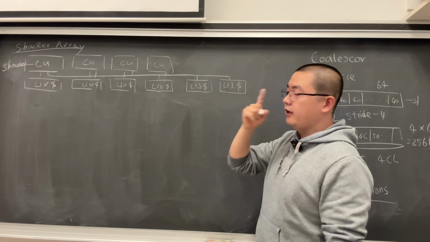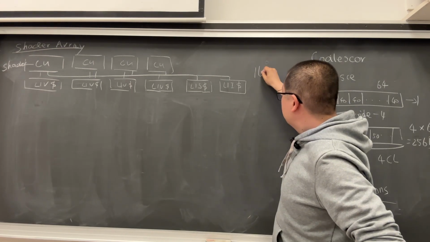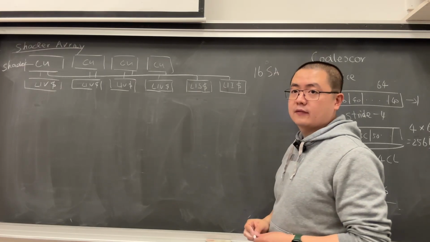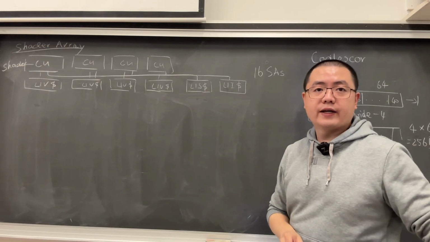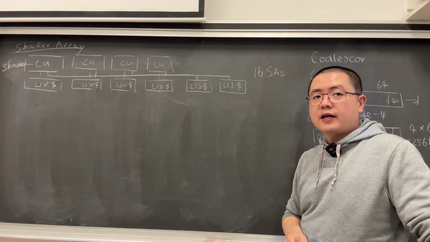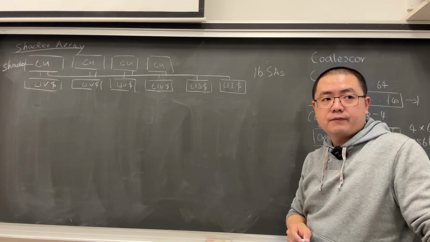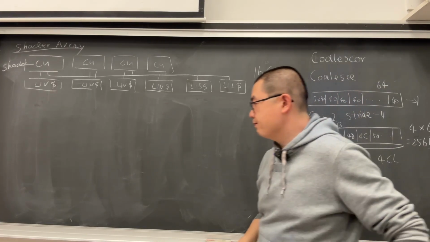Then in the R9 Nano GPU, we have 16 SAs, right? We have 16 shader arrays, and that makes 64 compute units. Then on the other side, we have L2 caches.